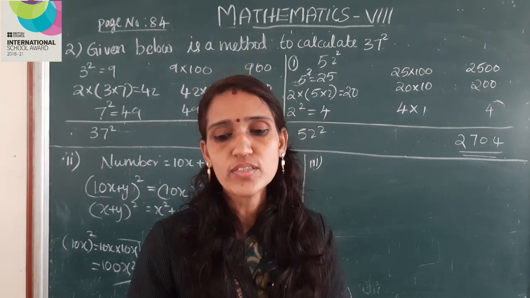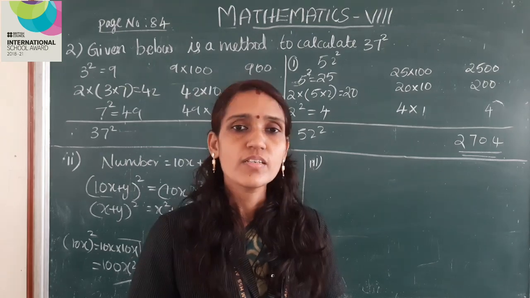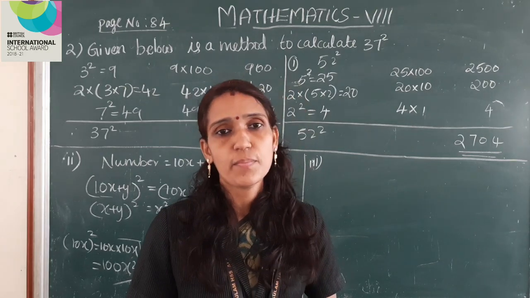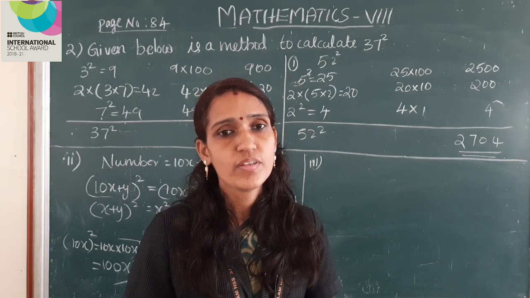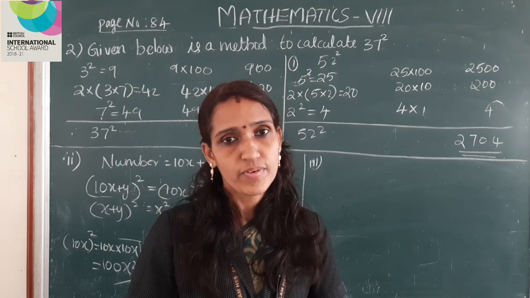Third sub question. Find an easy method to compute squares of numbers ending in 5. In all 2-digit numbers ending in 5, the digit in the ones place is 5, right?